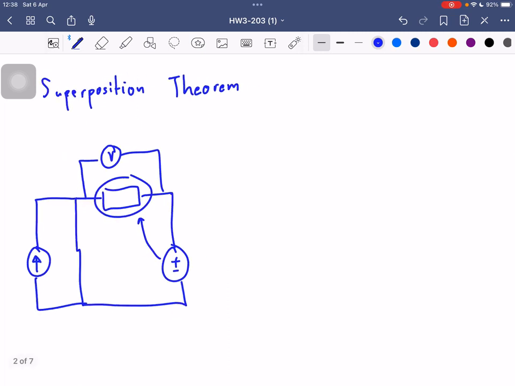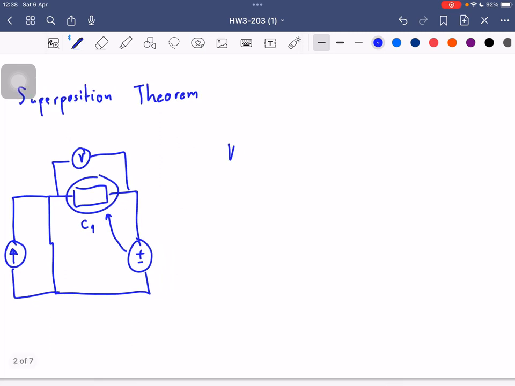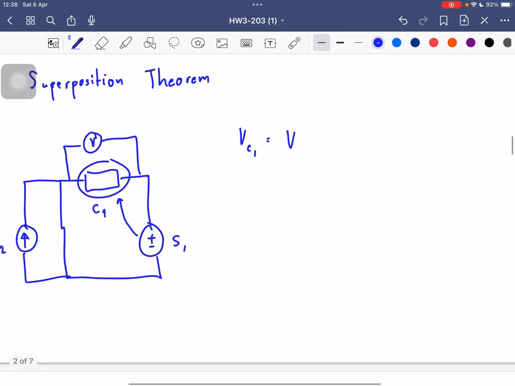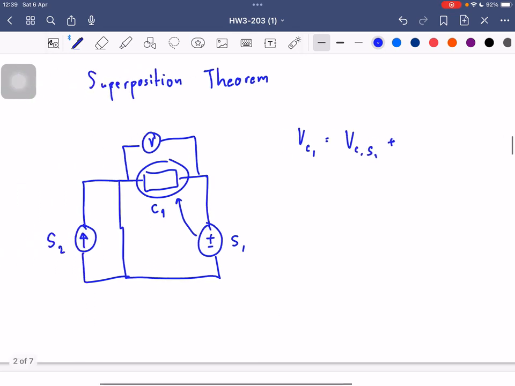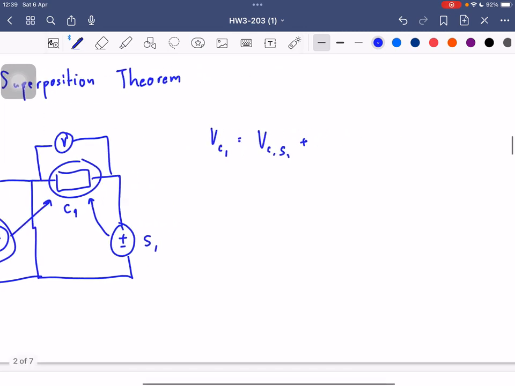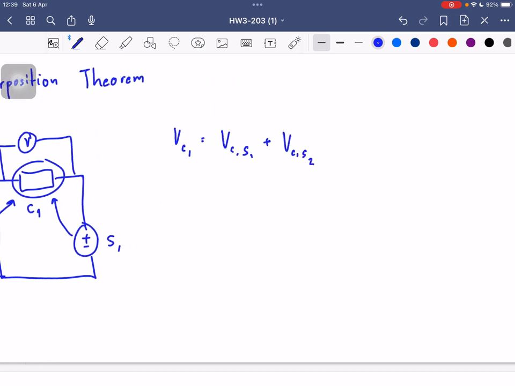So if we were to find the voltage of this component, let's say C1, the voltage acting on C1 will be equal to the voltage coming from the effect of source 1, and this is source number 2, plus the voltage drop across C1 which is the effect of the second source acting on the component.